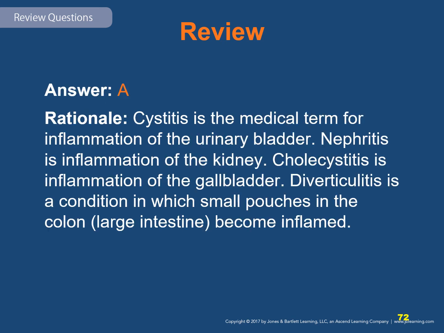And the answer, of course, is A. Cystitis is the medical term for inflammation of the urinary bladder. Nephritis is the inflammation of the kidney. Cholecystitis is inflammation of the gallbladder. And diverticulitis is a condition in which the small pouches of the colon or large intestine become inflamed.